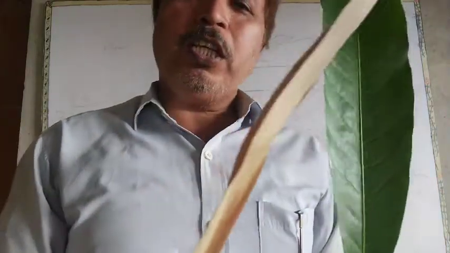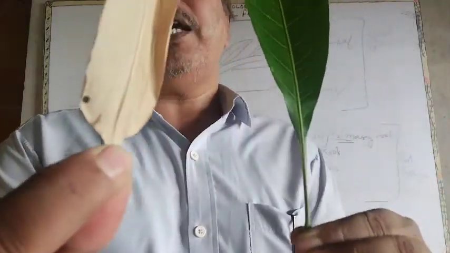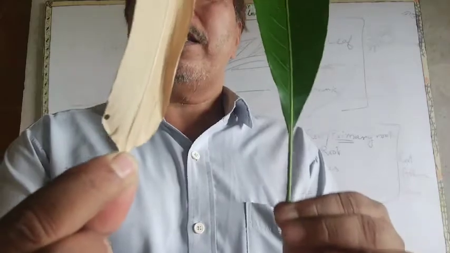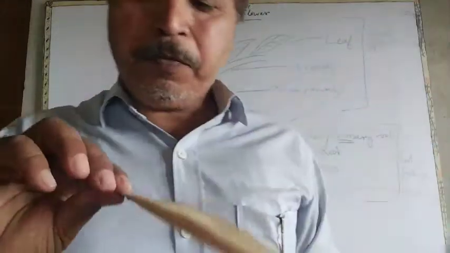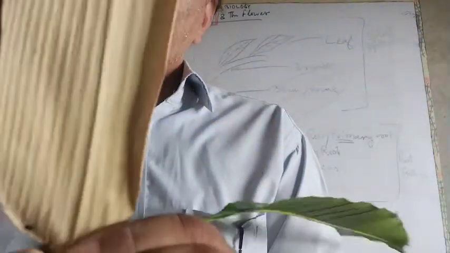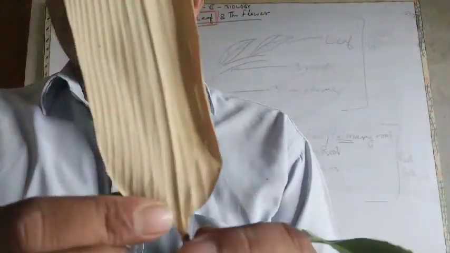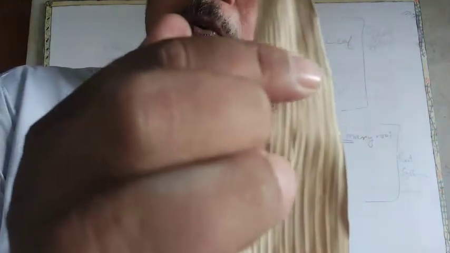Now both the leaves I held by their leaf base, right? And from the leaf base I have told you a structure. You can clearly see the cylindrical structure from the leaf base. You can see this goes up to the extreme tip of the leaf, up to here, right?